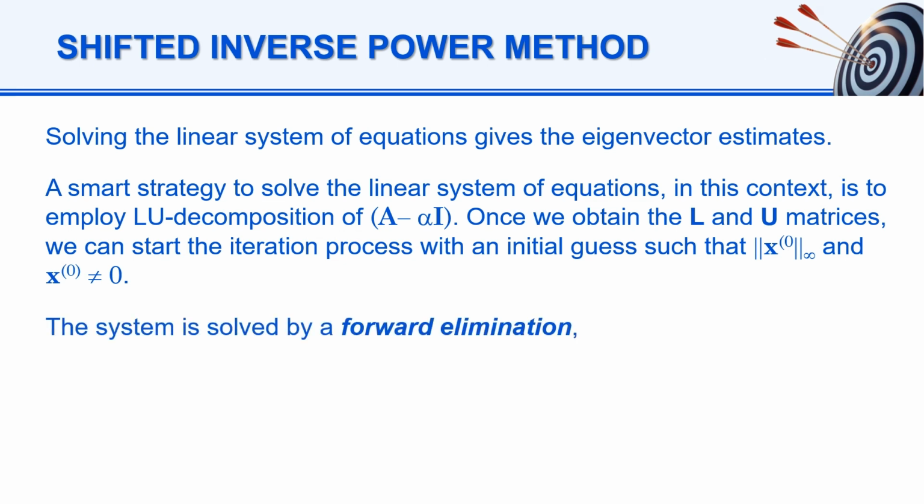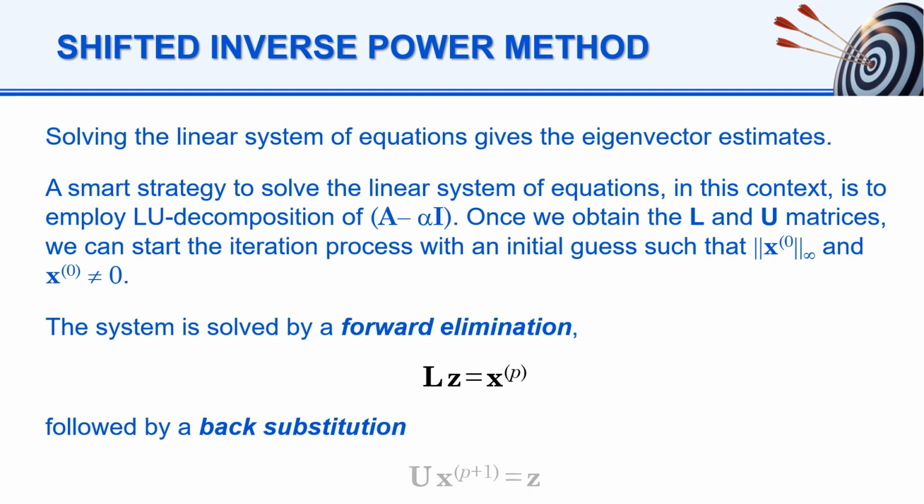The system is then solved by a forward elimination, followed by a back substitution. This process significantly reduces the cost of solving the linear system at each iteration step.